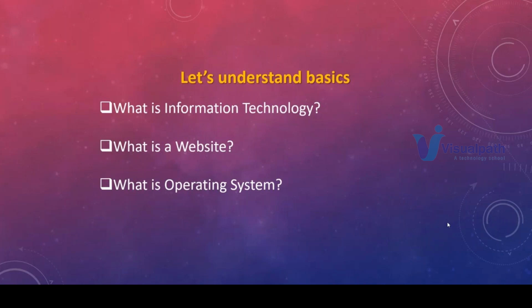My information will be in alphabets or alphanumeric, and that has to be converted into binary so that it can talk to my hardware devices like CPU, memory, hard disk, motherboard, and so on. That is the main purpose of using an operating system. Since we cannot understand binary language, my operating system will convert human readable language into binary and binary into human readable language.